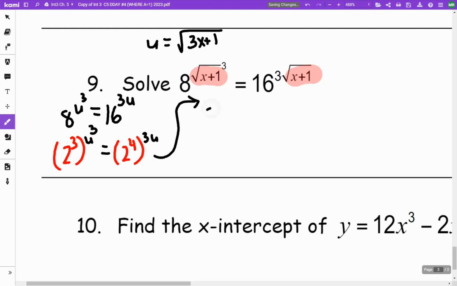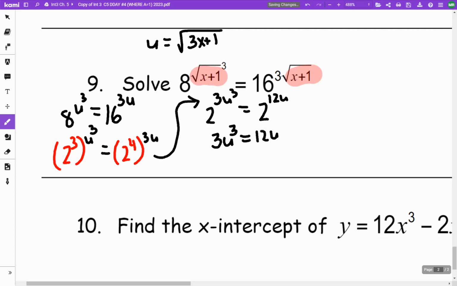So on the left side, my 3 and my u cubed are going to multiply, and I'm going to get 2 to the 3u cubed equals 2, and over here I'm going to have power to power. Those are going to multiply. I get a 12u. When my bases are the same, I can set my exponents equal. 3u cubed is equal to 12u.